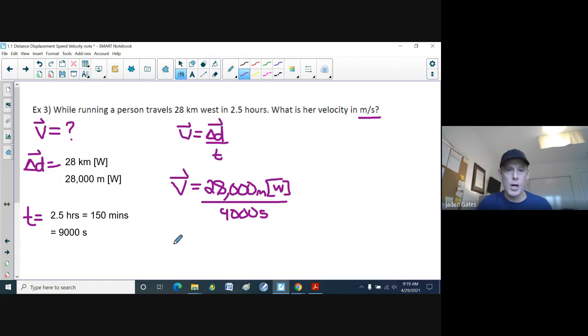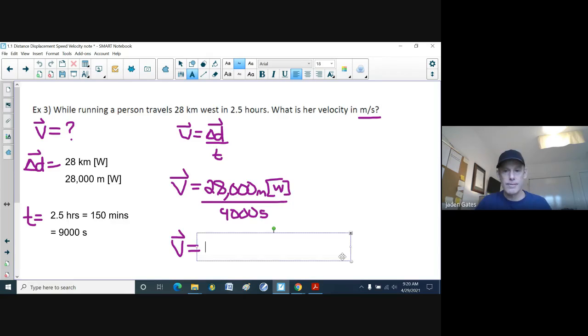So I'm going to divide those two, and then I will get my answer. When I do a little bit of math here, 28,000 meters west divided by 9,000 seconds, I get 3.11. Because I got everything in the right units, I got meters per second. And because this is velocity, I got to include direction. And I get 3.11 meters per second west.